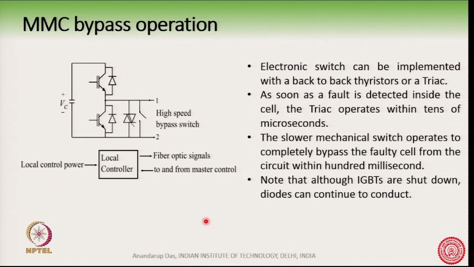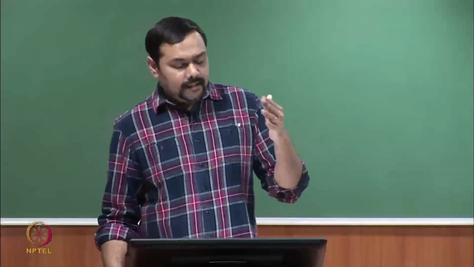I mean, in the sense that if you see literature which has been published, you will see some of the waveforms reported in an actual MMC operation when the cell bypassing is taking place. And there you will see that there is practically very insignificant effect on the voltage produced.